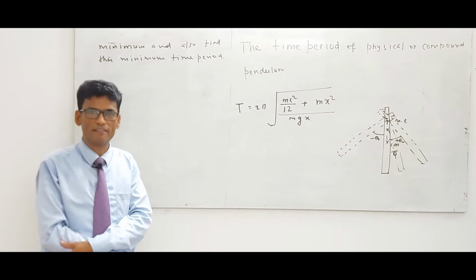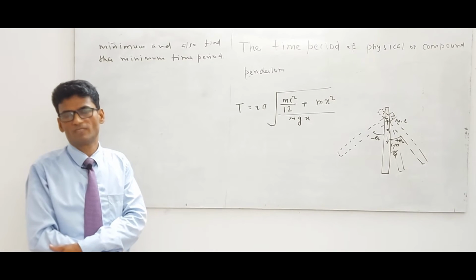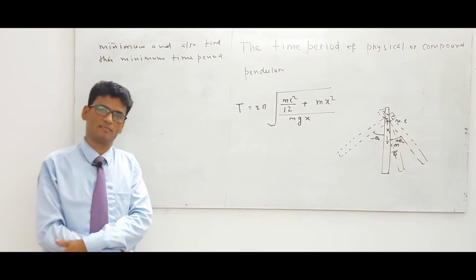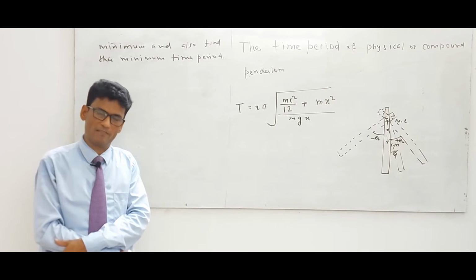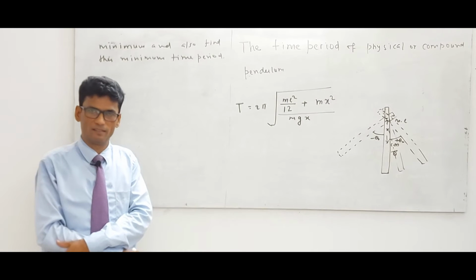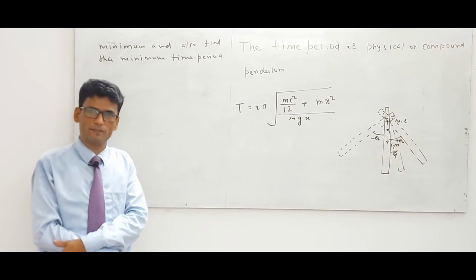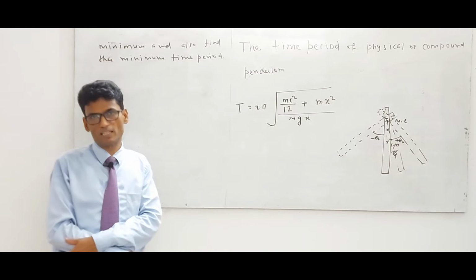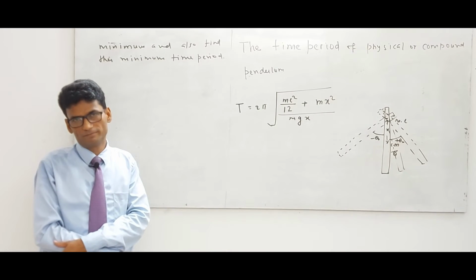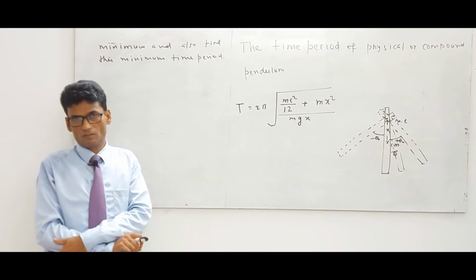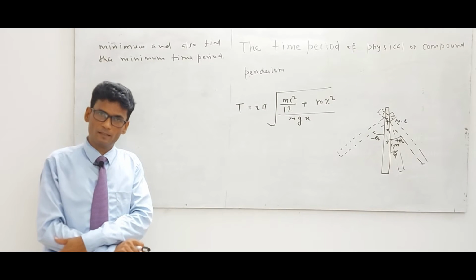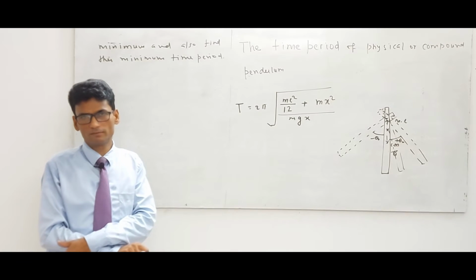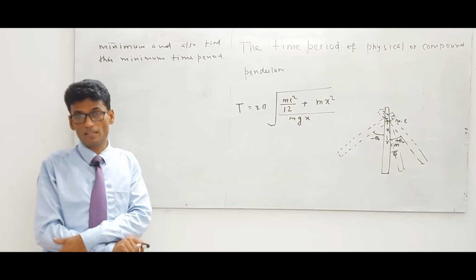We have read in class 10 that if we have an algebraic expression ax square plus bx plus c and we have to find its maximum or minimum, without finding the first derivative we are still in a position to find it. Because ax square plus bx plus c is taken as a quadratic expression if a is not equal to 0.